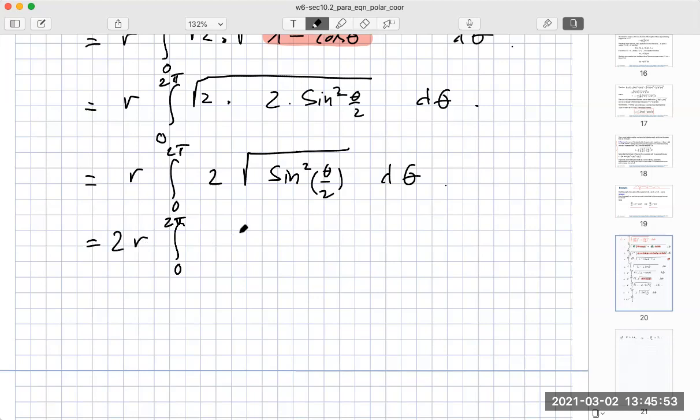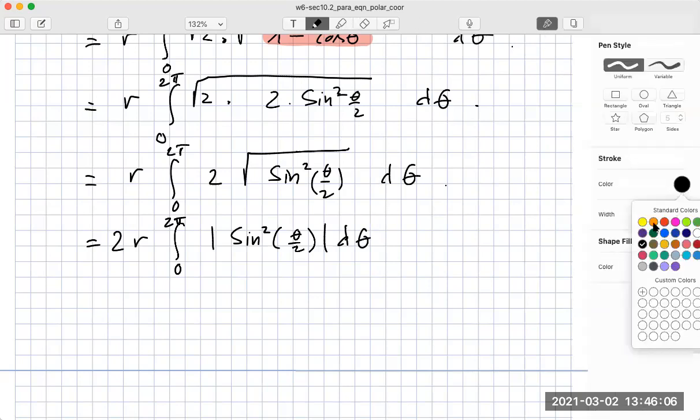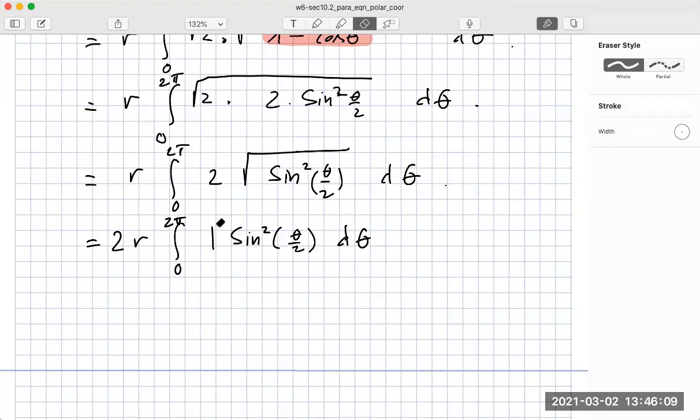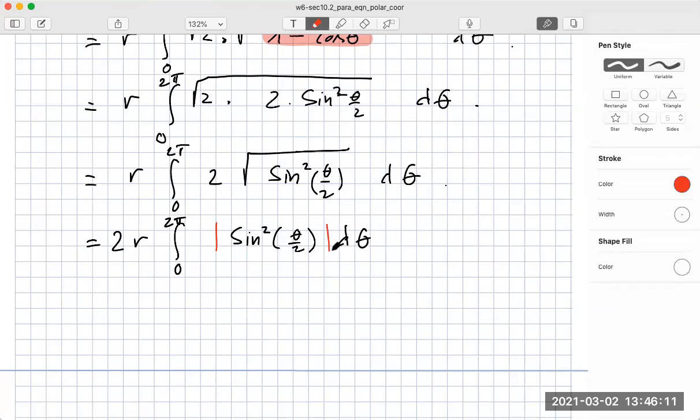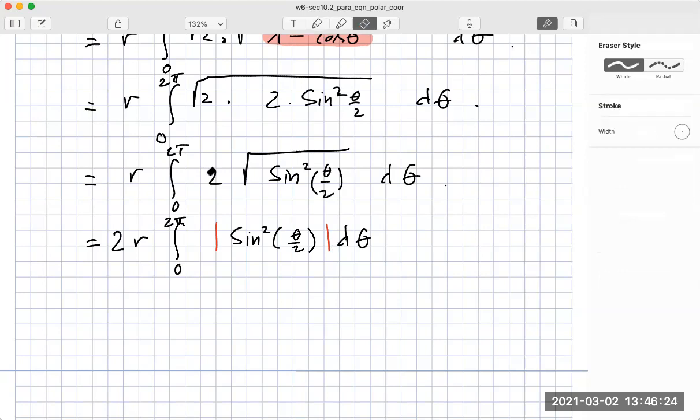Let us take the 2 outside and square root of sine square of theta over 2 d theta. Now, the absolute sign here is annoying, right? So we want to get rid of this. Before doing, oh yeah, just sign here. Sorry. Thank you.